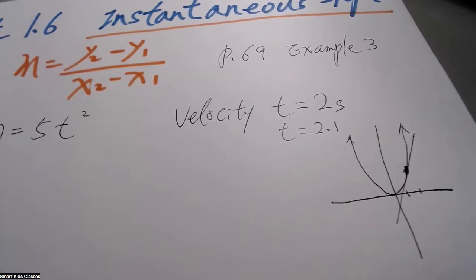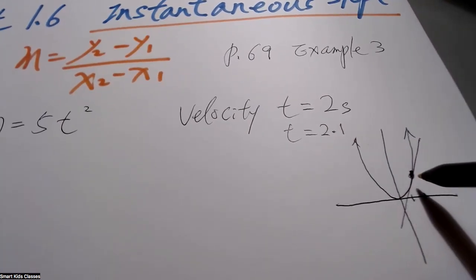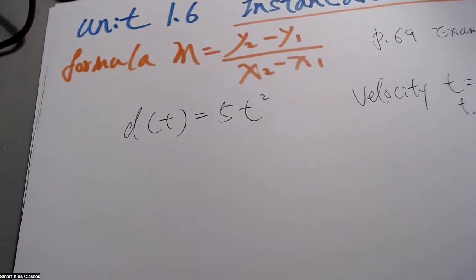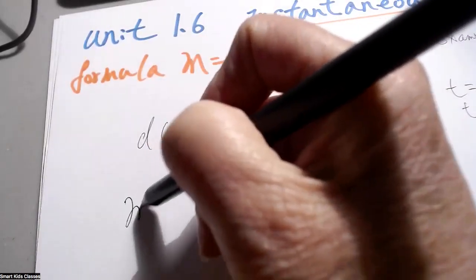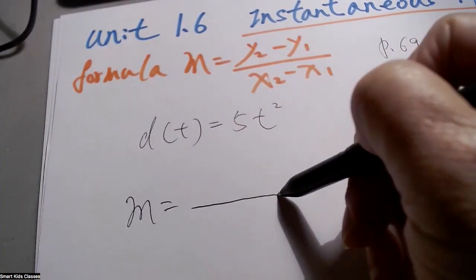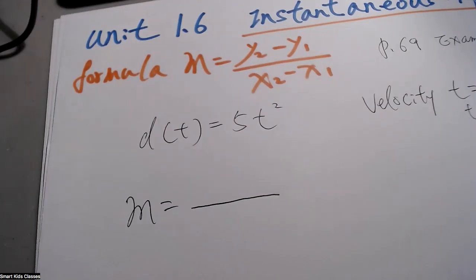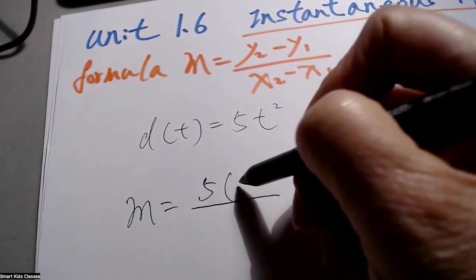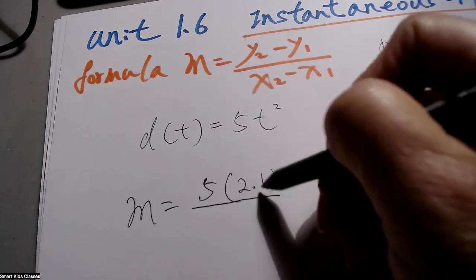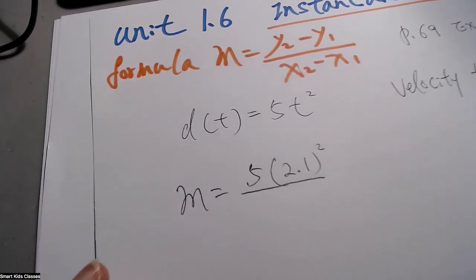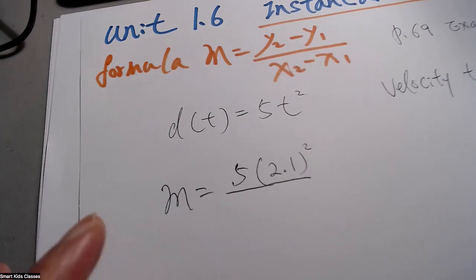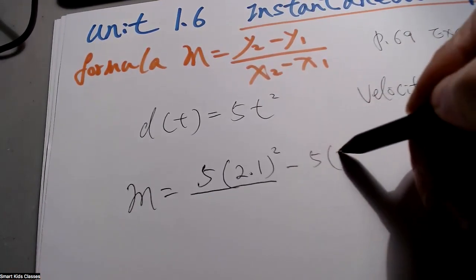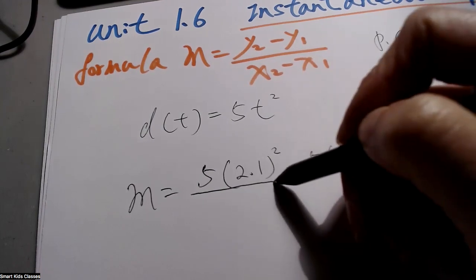Now we are going to find the instantaneous slope close to t equal 2. We plug into the formula: m equals, when t equals 2.1, 5 times 2.1 squared, and then subtract 5 times 2 squared.